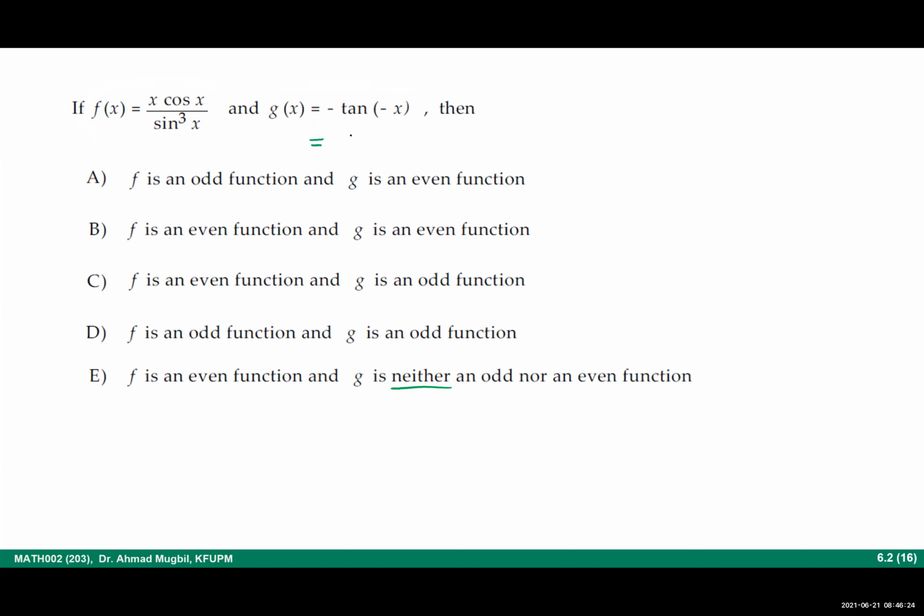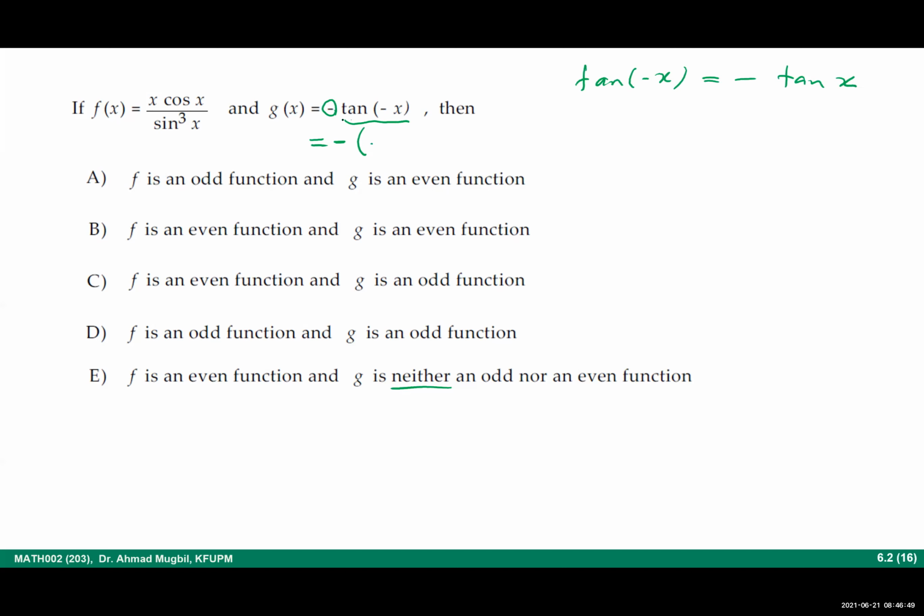What is G? I'll try to simplify it. What is tan negative x? It is negative tan x. Why? Because tangent is odd.